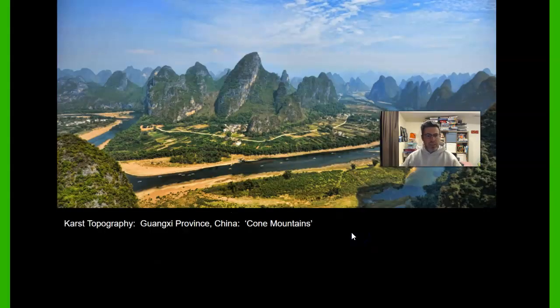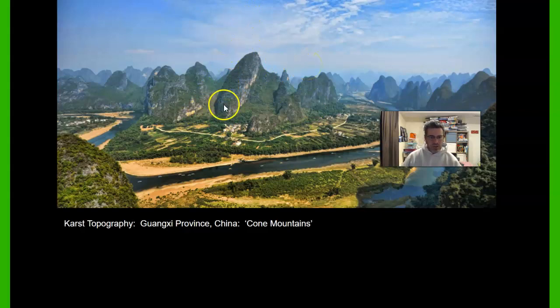Jumping back to this, take a look at this landscape here, and this is in China. Amazing. When I saw this image, I said to myself, I have to include this so my earth science students could see it. This is an example of karst topography. Karst topography is any region where limestone bedrock is prevalent. What happened here over time is that this area gets a tremendous amount of rainfall.